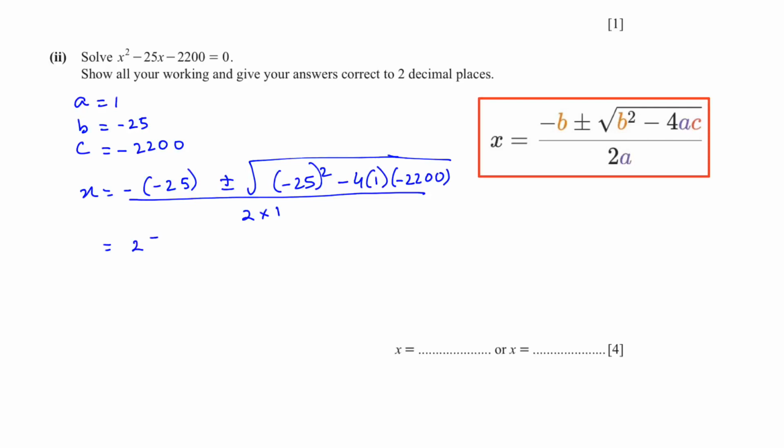And we will get 25 plus or minus 5 square root 377 over 2.